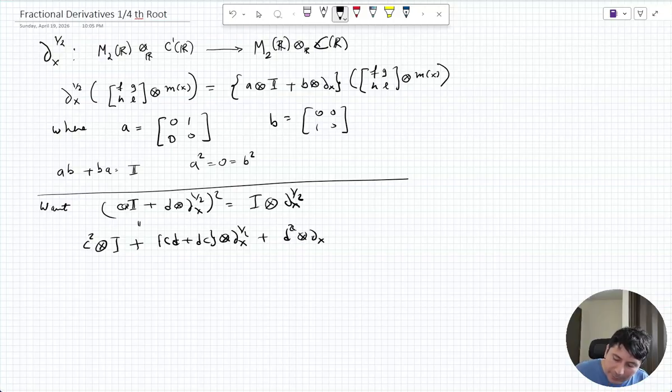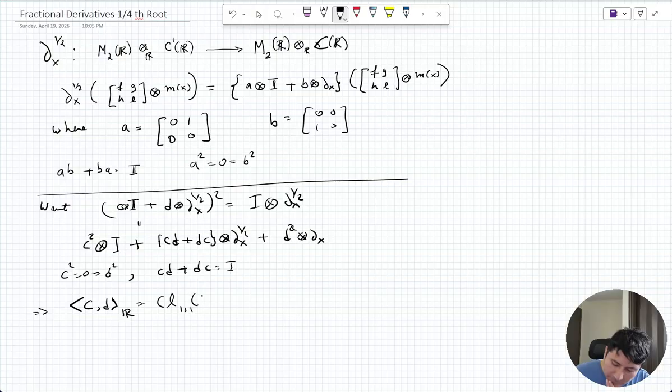And if we want both to be the same, then we get C squared equals 0 equals D squared, and CD plus DC has to equal I. So that means that the algebra generated by C and D over R has to equal the Clifford algebra 1, 1 over R, which is the same as the 2 by 2 matrices.